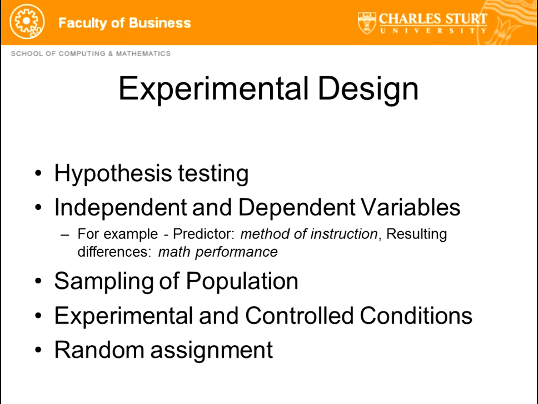So, first of all, looking at experimental design, what we're trying to do is find a hypothesis that we can test and create something that will allow us to find the independent and dependent variables. So it allows us to create something that will allow us to predict. We can predict the future based on this.